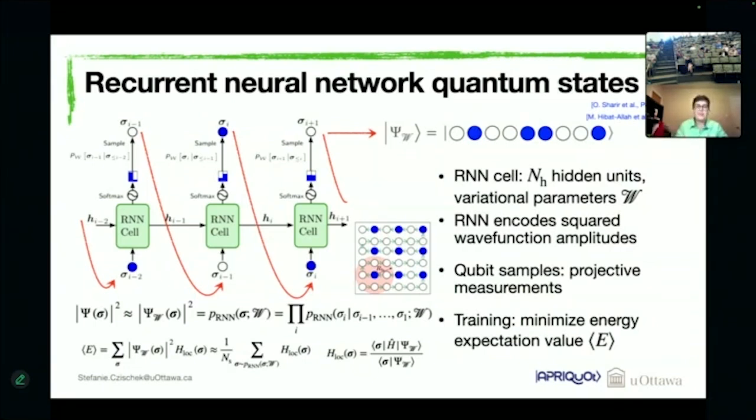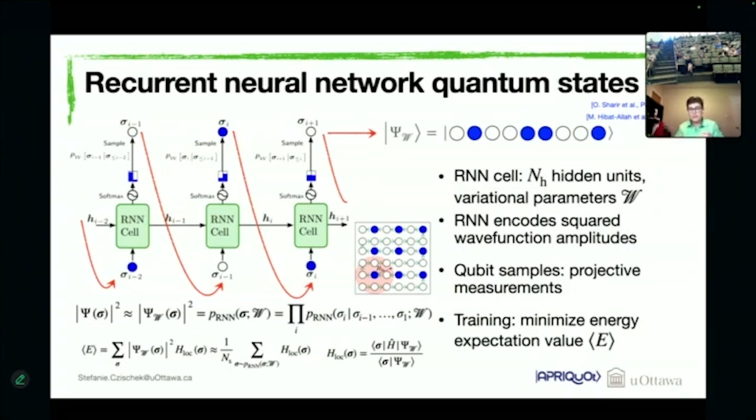Okay, so this is the basic idea of neural network quantum states using these recurrent methods, dealing with sequential data and representations of our quantum states. And the problem with these recurrent neural networks now is that all the information about the states of previous atoms in the sequence is encoded in this hidden state or hidden unit configuration.